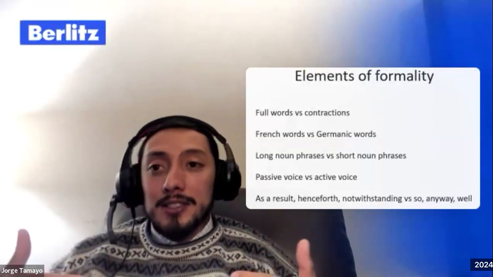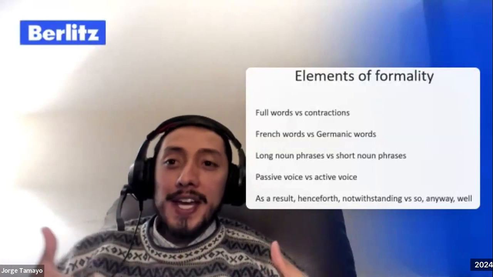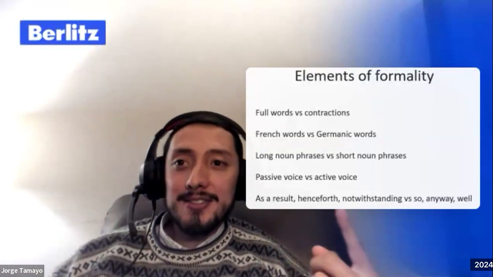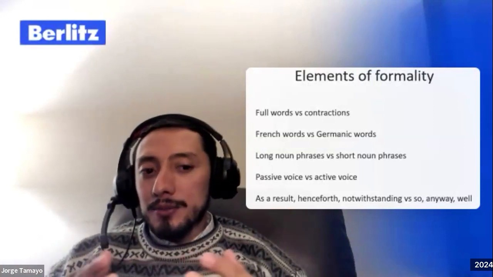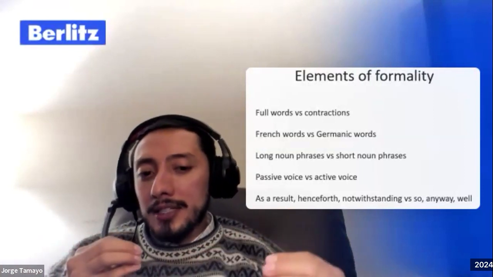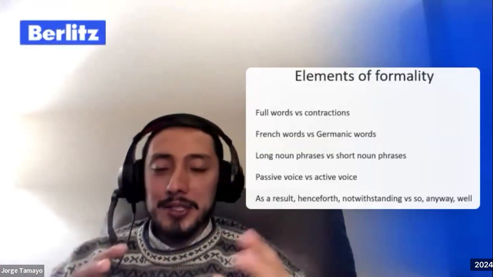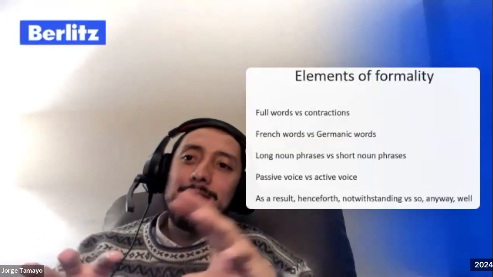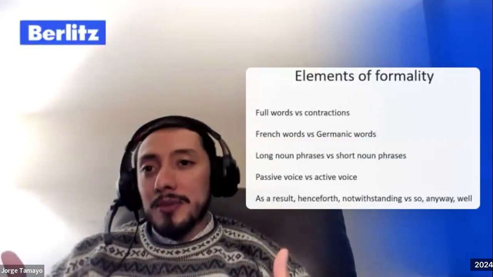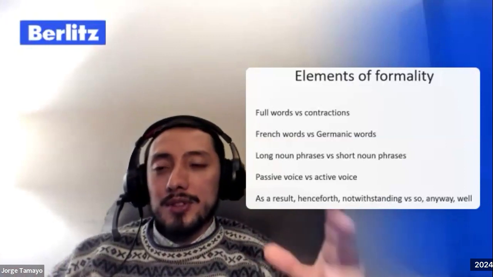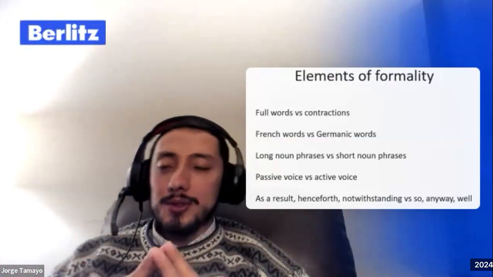Instead of saying so to talk about a consequence, you're going to go for therefore or henceforth, right? Or as a result, right? So long connectors, formal connectors. That's like the link that we can establish here. Long connectors, formal connectors, right? And if you want to sound more informal, go for short connectors. So, well, anyway, right? Short connectors, okay?